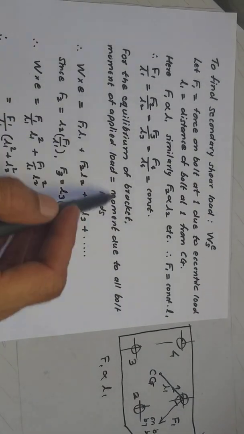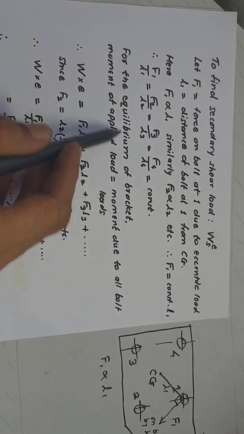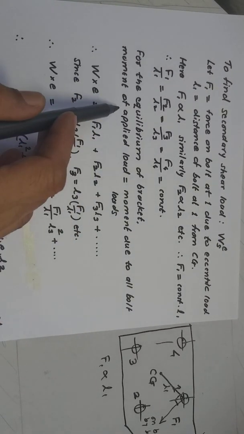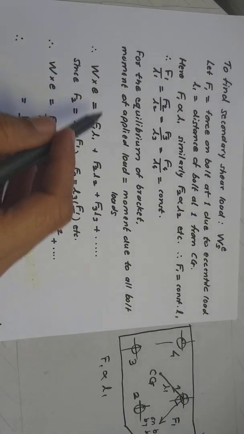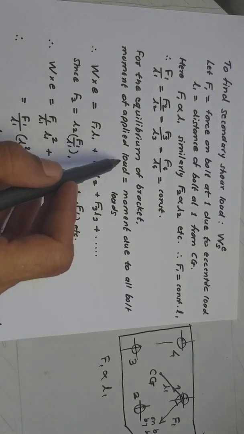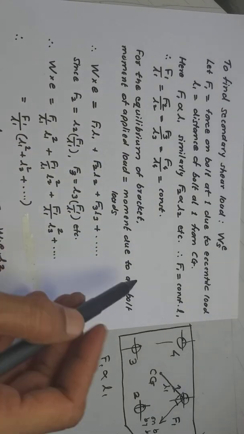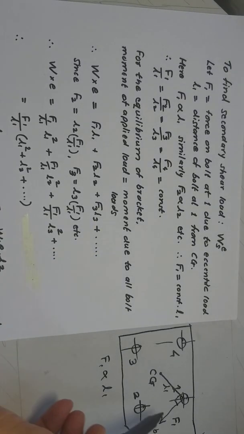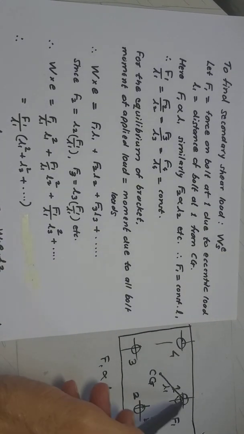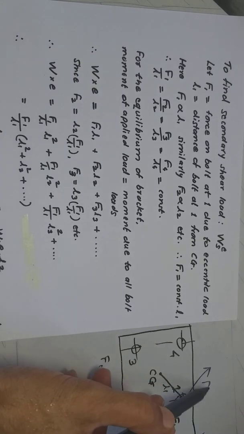Now for the equilibrium of the bracket, like last time, the moment of applied load is W into L. This moment of applied load is going to be equal to the moment due to all the bolts. The load on all the bolts offers opposite moment. This is the reaction of F1, by bolt on bracket.